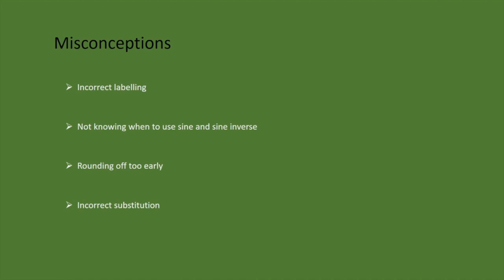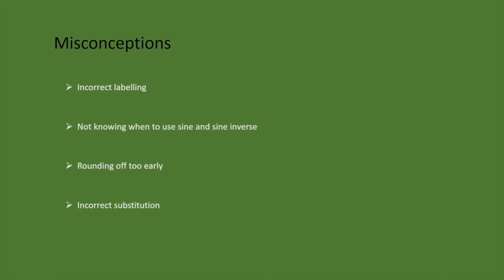So students can label it incorrectly, so the answer would also be wrong. Number 2, not knowing when to use the sine and the sine inverse. When you find the missing angle, you must have noticed that we use the sine inverse, but when we find the missing side, we directly use the sine. So the students should know where to use sine and the sine inverse.